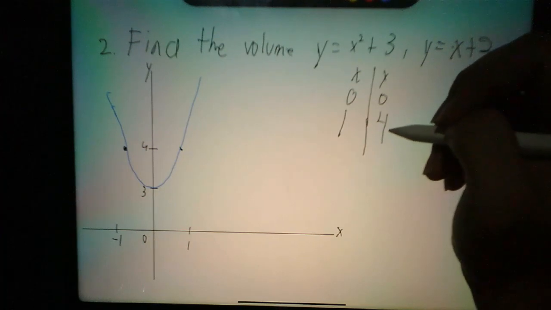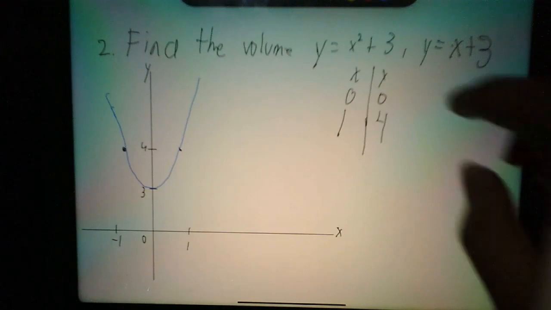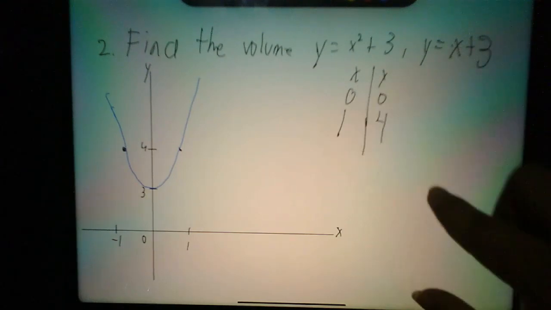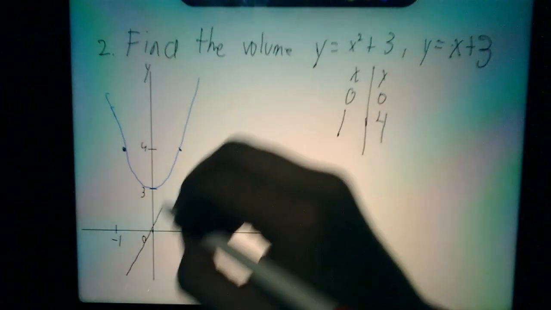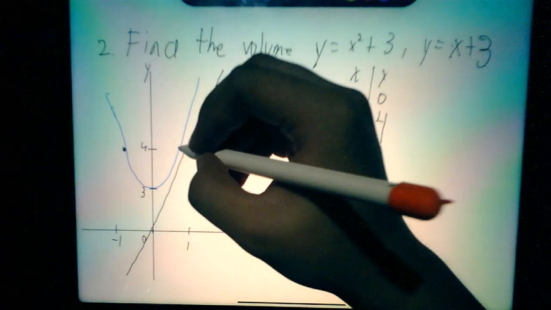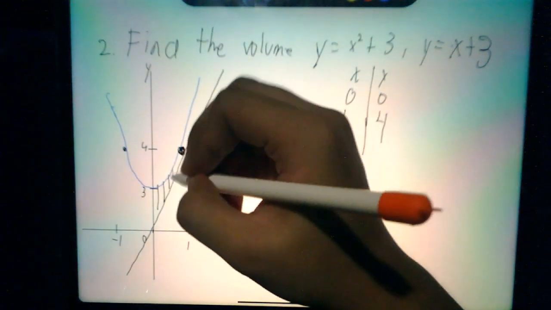So our points of intersection are at x equals 0 and x equals 1, where y is 4. Let's say this is a point here, and this will become our area of interest.